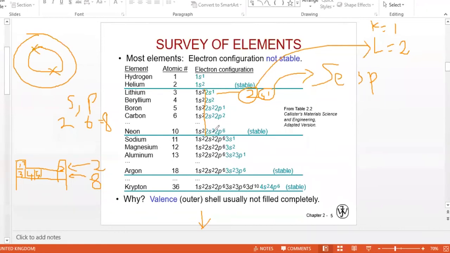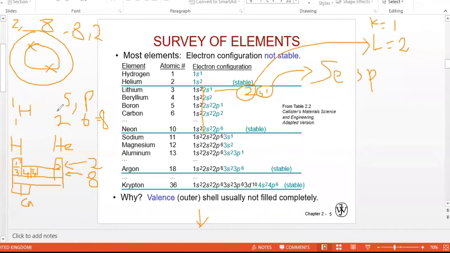Here the s orbit has 2 electrons and the p orbital has 6 electrons, and 6 plus 2 is 8, the maximum of 8 electrons. Wherever we find s, whether 1s, 2s or 3s, the maximum is only 2.